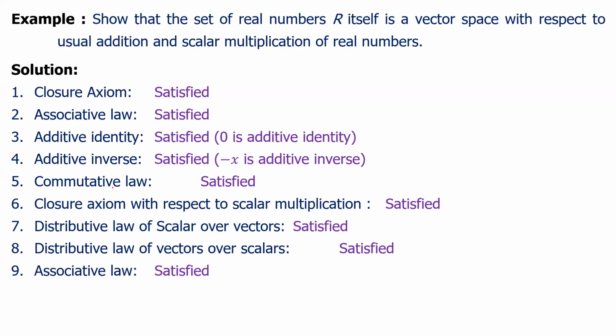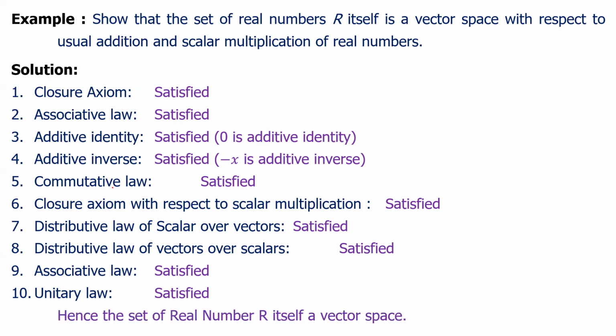Similarly, associative law is satisfied, and the last, 1 into a real number is always a real number, so unitary law is also satisfied. Since all the properties of being a vector space are satisfied by the set of real numbers, hence the set of real numbers R itself is a vector space.